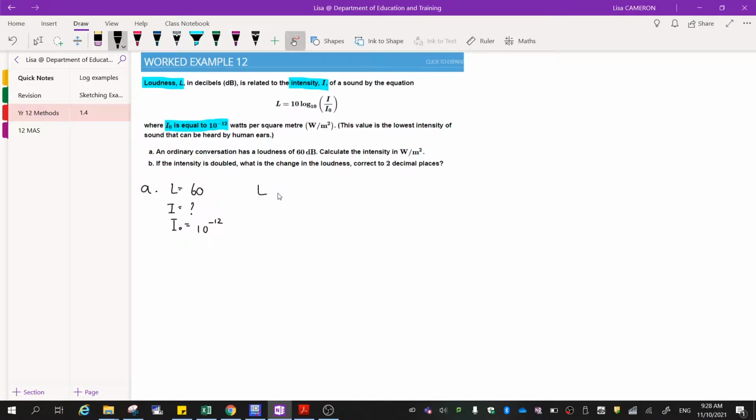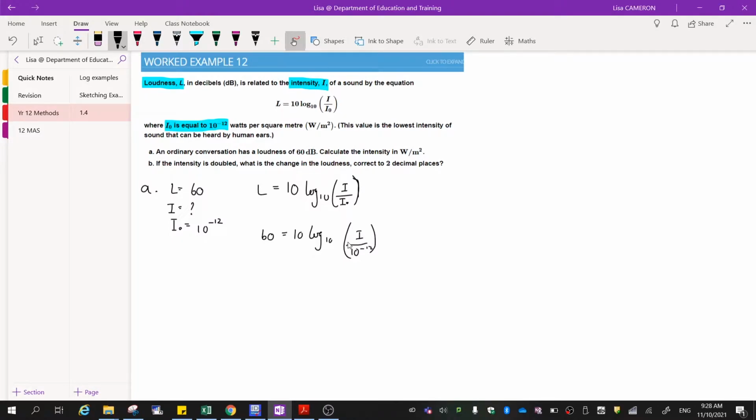Now I can substitute it back into our equation using FSA. So there's my formula. Now I can substitute back into it. And now I can start rearranging so that I can get I on its own.